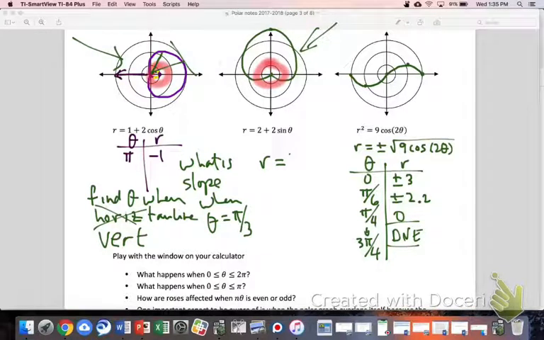So the graph would just sit there the whole time. And then once you get from 3 pi over 4 and above to pi, you start to get actual outputs again. And that's where the other part of the graph comes from. So lemniscates are super unique because you get part of it, and then it just sits there and does nothing for a while, and then you get the other part of it.